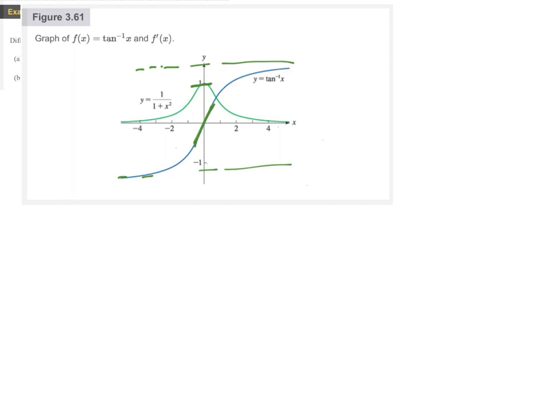This is the highest it goes. Okay? Notice that when your tangent inverse function is concave up like a cup, what's your derivative doing? Increasing. Increasing derivative. When tangent inverse is concave down like a frown, your derivative happens to be decreasing. Okay?